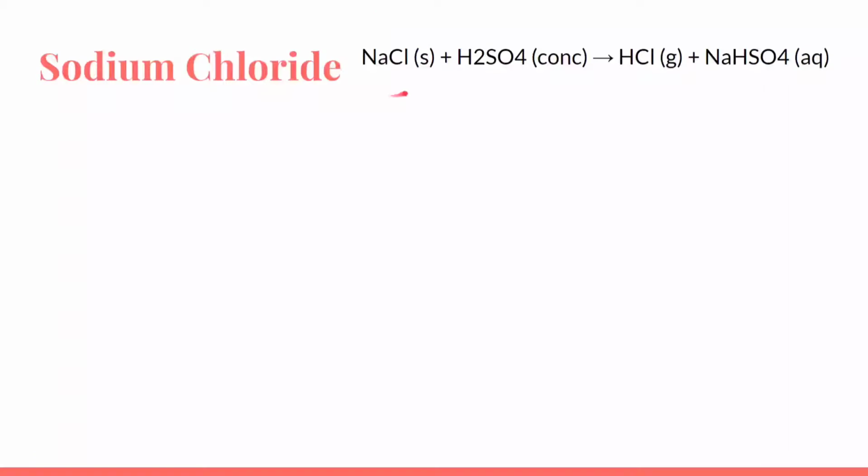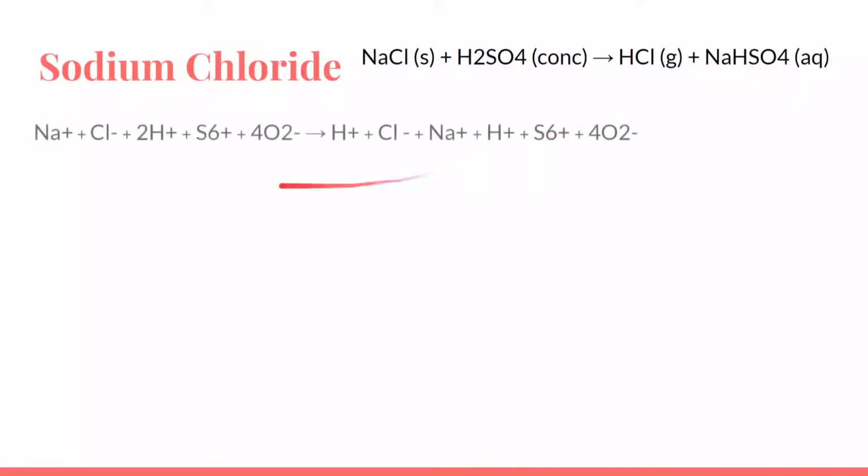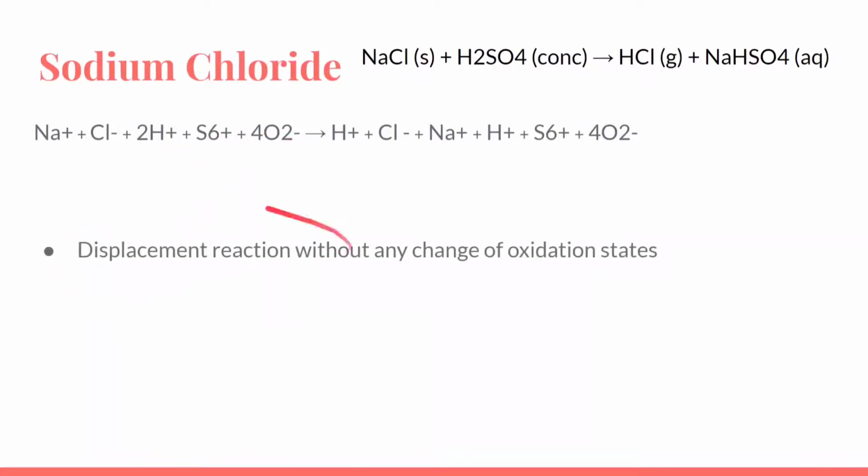Next is sodium chloride, and this is the equation for sodium chloride's reaction with concentrated sulfuric acid. And you can see we get these two products. But again, if we look at this broken down equation of the ions, you can see that this is still a displacement reaction, but there is still no change in the oxidation states.